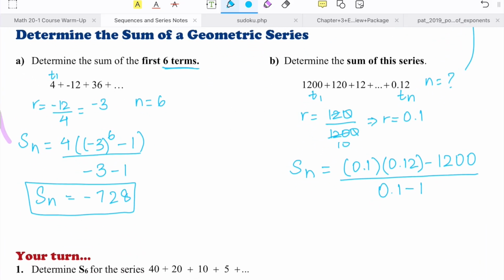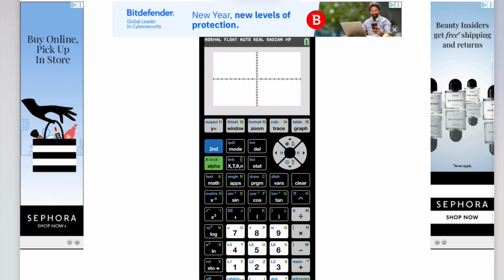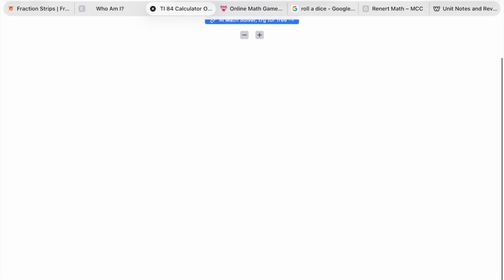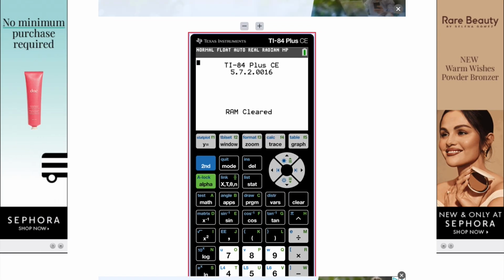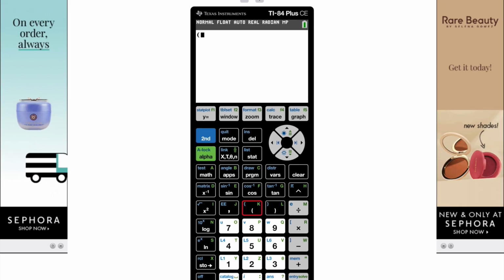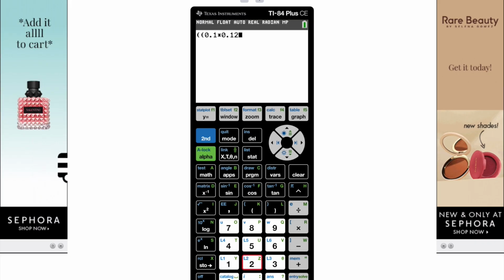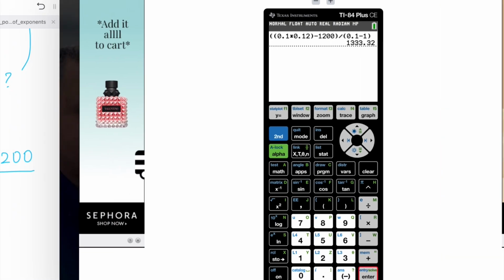Now I just plug that into the calculator, which gives me 1333.32.